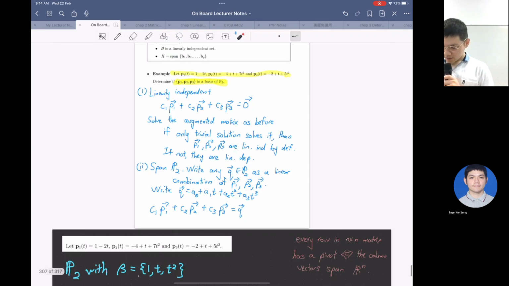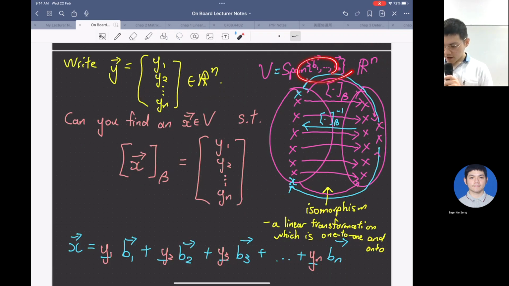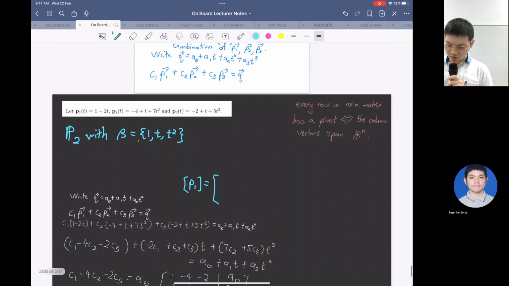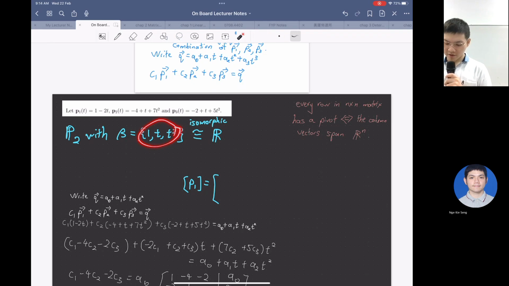We showed that if you have n basis vectors for your vector space, it is isomorphic to R^n. You have three vectors in your basis, so it is isomorphic to R^3.